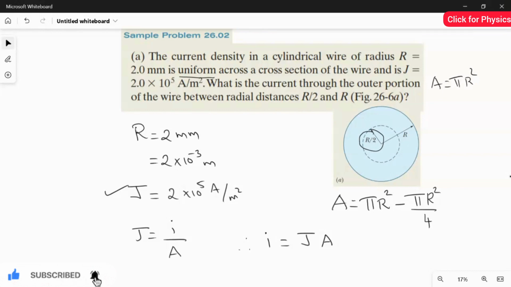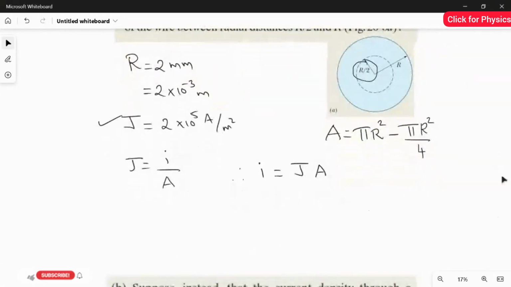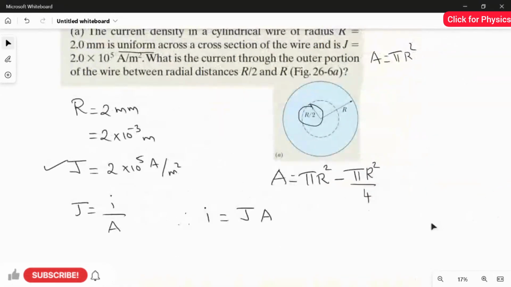Clear? Okay, now we have to find what should be the final answer for this area. So better I can just find the area here. So here I'm going to take LCM 4. So by that this becomes 4 pi r square minus pi r square.